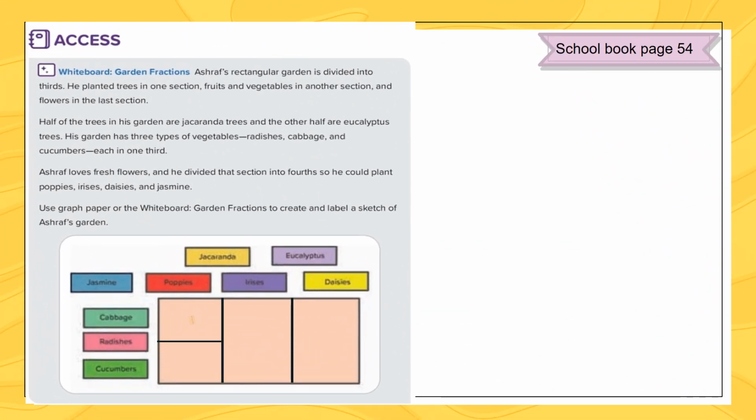We have here lesson 4, and this lesson is just for reading.